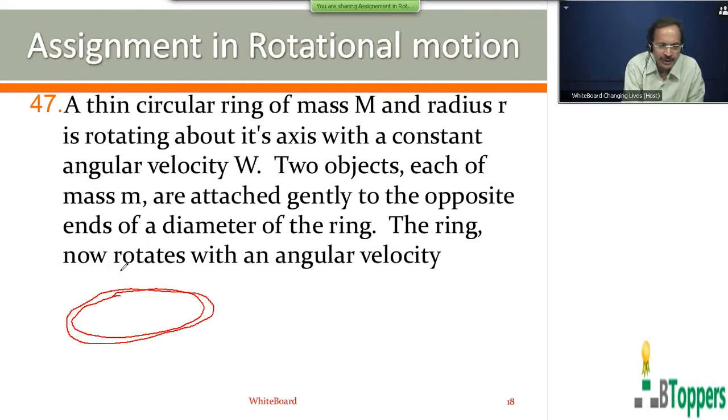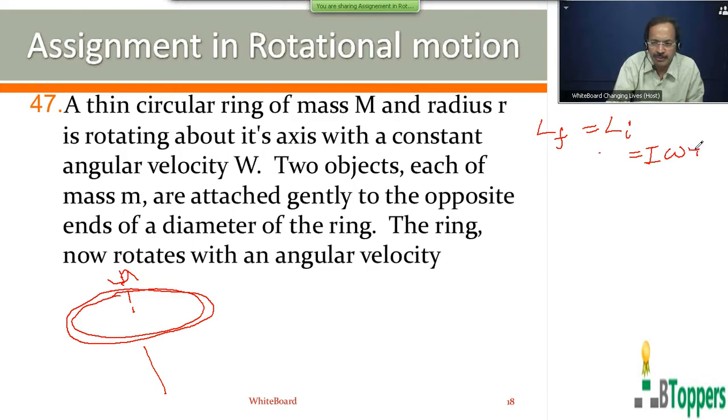The ring is rotating about the central axis of symmetry. So the final angular momentum of the system of the two objects and the ring about the axis of rotation can be taken to be the same as the initial angular momentum of the system. The initial angular momentum of the system is the moment of inertia of the ring into the initial angular speed.